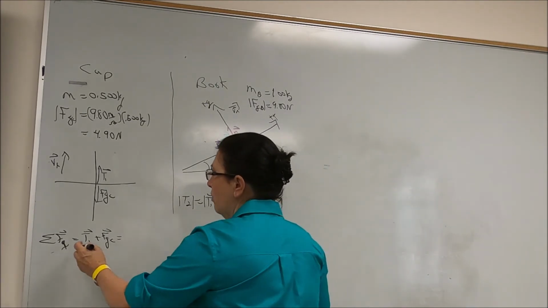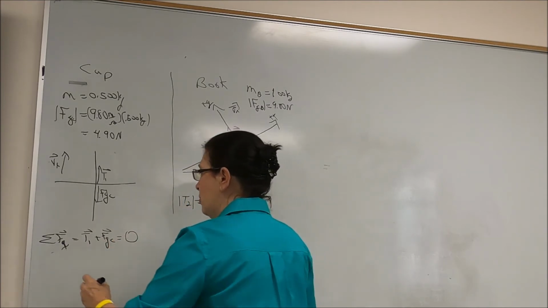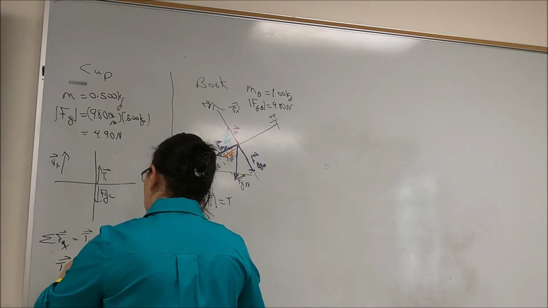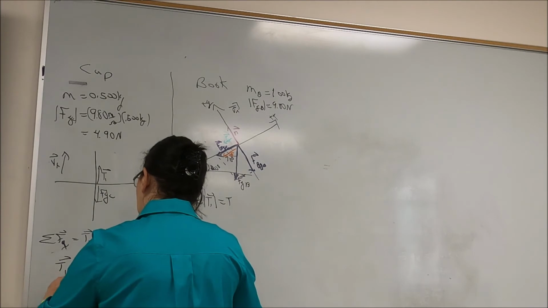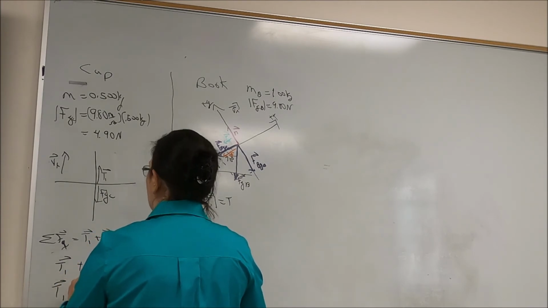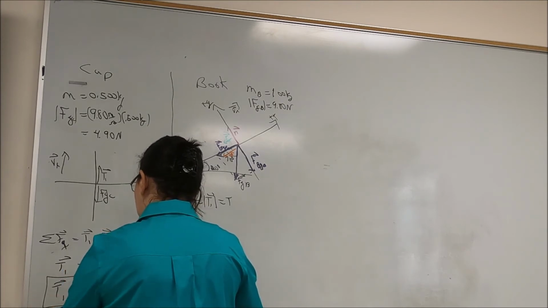Okay, now the sum of the forces in the y direction on the cup are going to add up to be 0. So T1 plus force due to gravity on the cup should add up to be 0. So T1 should equal a plus 4.90 newtons.